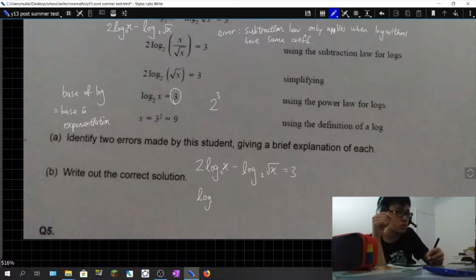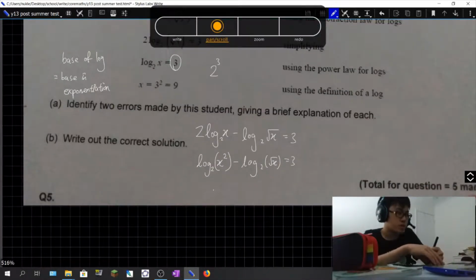I'm going to bring the 2 into the x as an exponent. So I'm going to do log x squared with base 2, and then log square root x, same thing. It's equal to 3. Now they have the same coefficient, right?